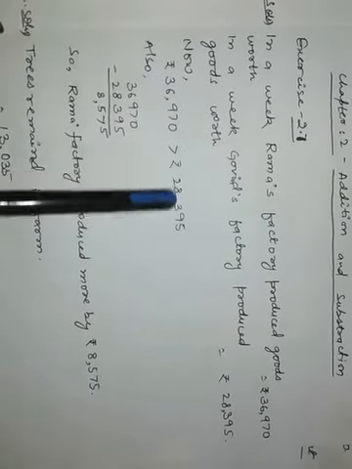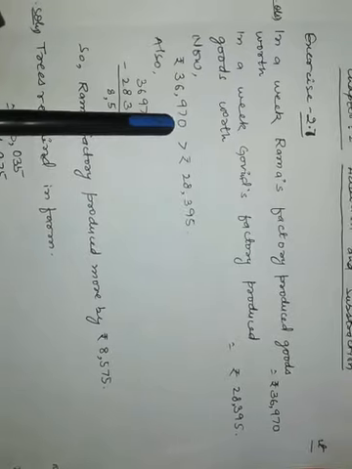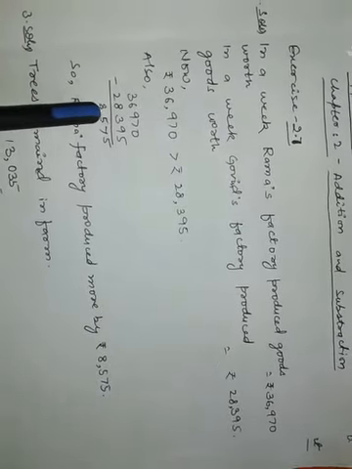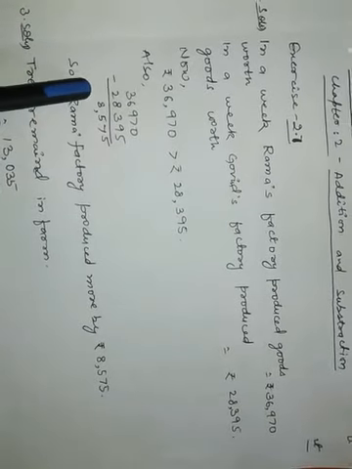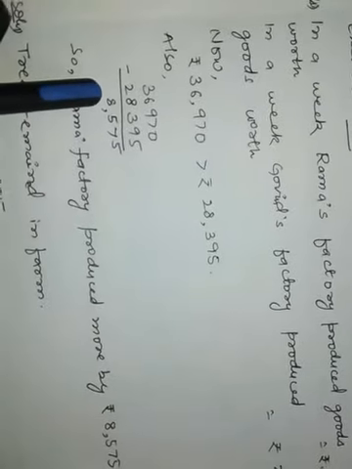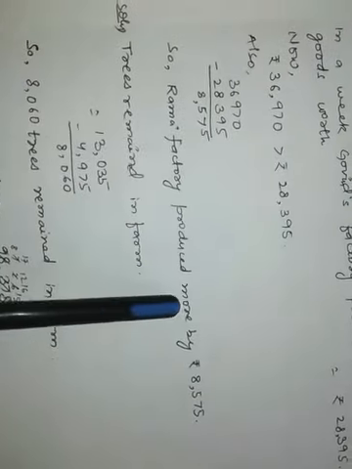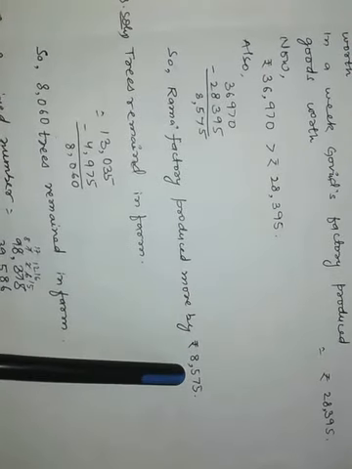When we compare, obviously this one, 36,970, is greater. So we have to find by how much, or how much more. How do you find it? By subtracting. When we subtract it, how much do we get? 8,575. So Rama's factory produced more by rupees 8,575.